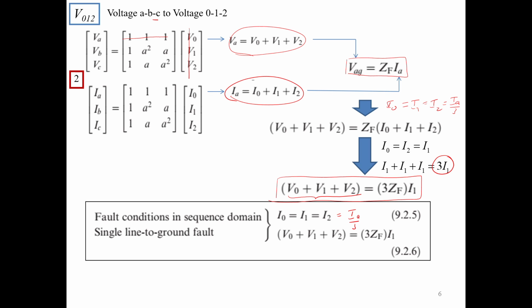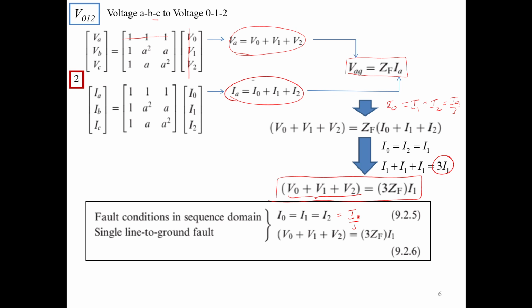So the sequence networks share the same current. Now you can guess: you have three networks connected to each other, and these three networks share the same currents.